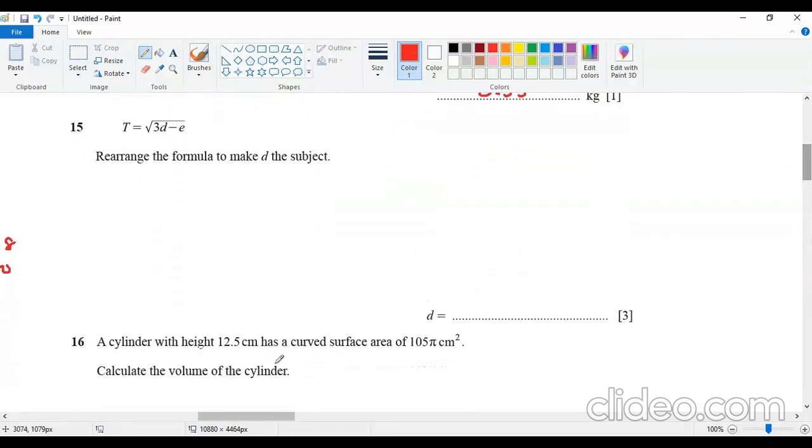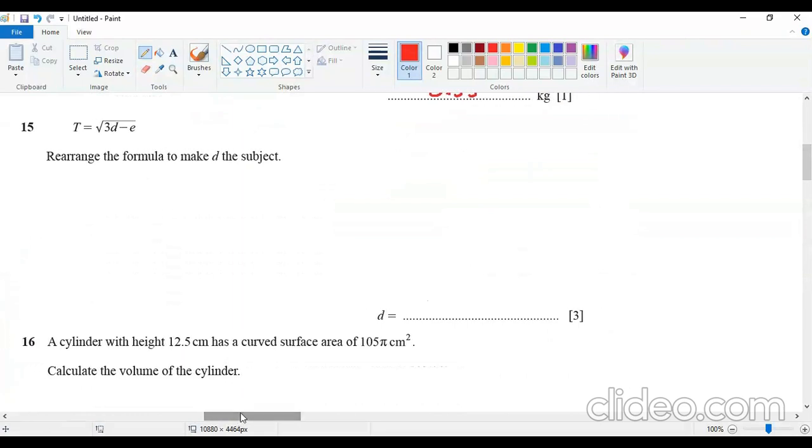Now comes rearranging the formula to make D the subject. So the first thing is that you get rid of this square root sign.